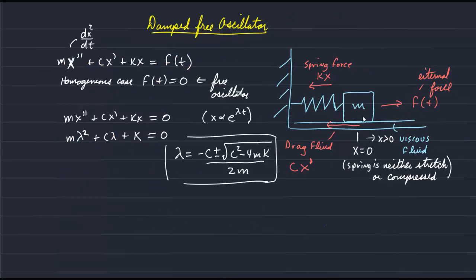So to recap, we have our mass on a spring with a damping term. And if the external force on the mass is set to 0, then we have a free harmonic oscillator. The behavior of the oscillator depends on how large this drag coefficient is.